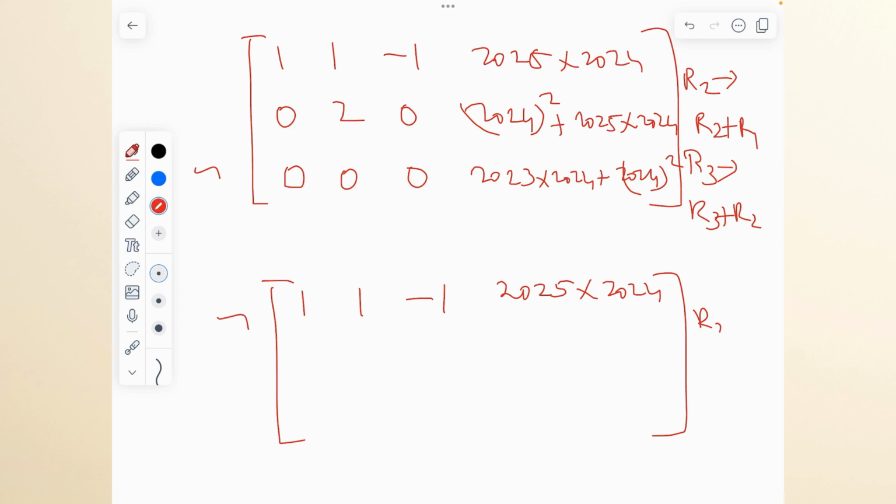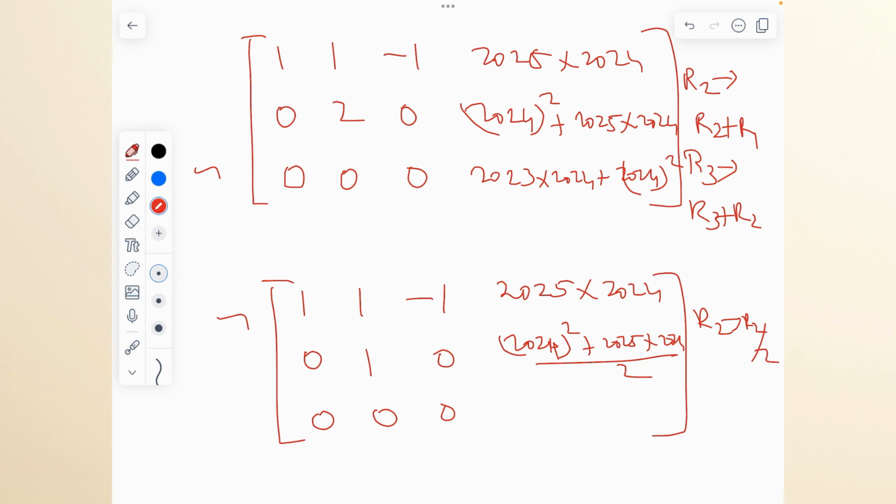Dividing R2 by 2: 0 divided by 2 is 0, 2 divided by 2 is 1, 0 divided by 2 is again 0, and here 2024 the whole square plus 2025 into 2024, divided by 2. Next 0, 0, 0, 2023 into 2024 plus 2024 the whole square.